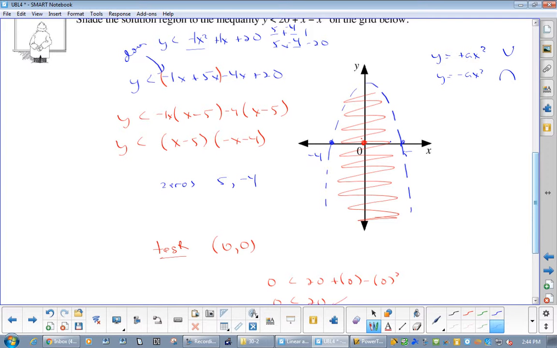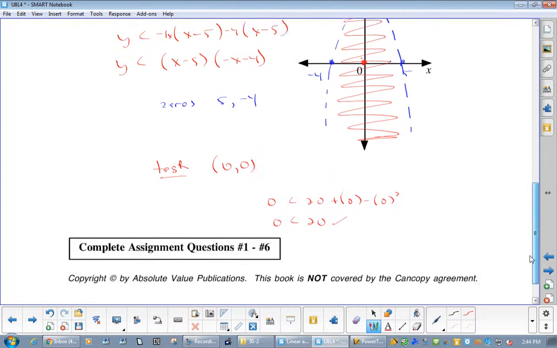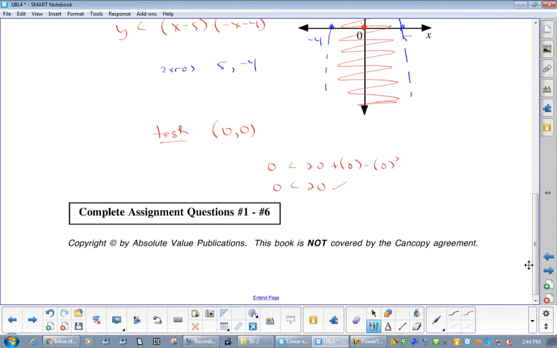You know it had x-intercepts of negative 4 and 5, so you can rough that in. The rest we can leave as arbitrary here. We'll get more into it, because we know how to find vertices with x minus p squared plus q. We're going to do more of that tomorrow. Except for the shading, not much is new here. Okay, so we're doing 1 to 6.